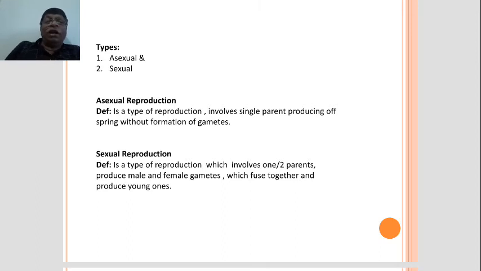It means only one parent is enough and it produces the offspring. During this type of reproduction, the gametes are not formed. Gametes means the sperms and eggs. We say sex cells. Sex cells are not produced.